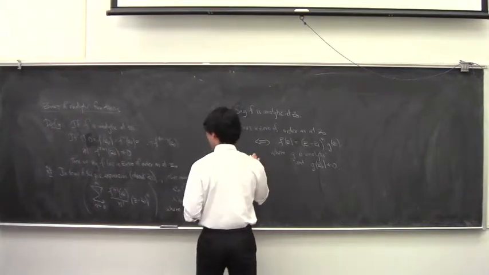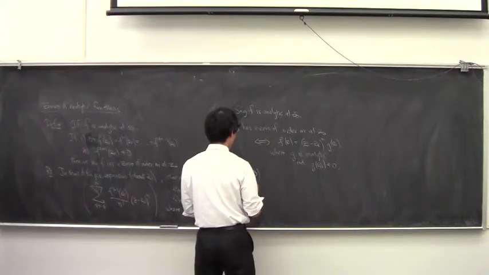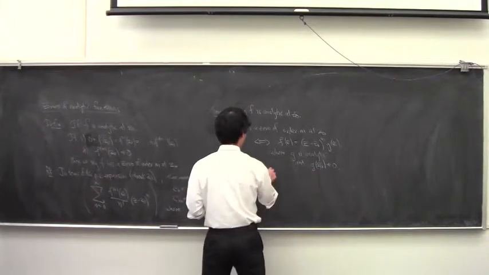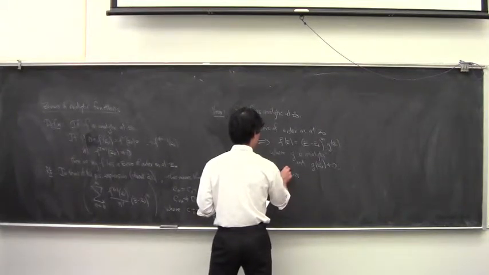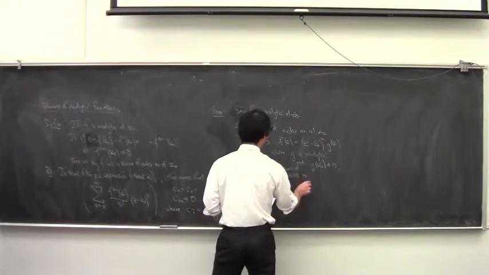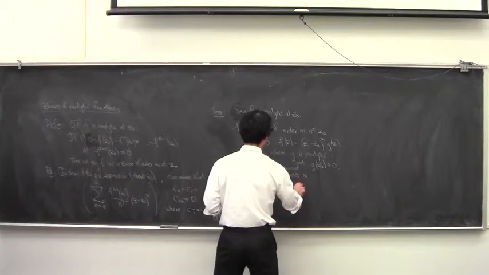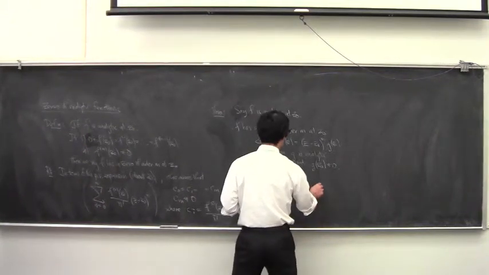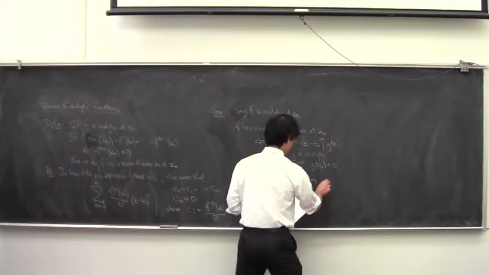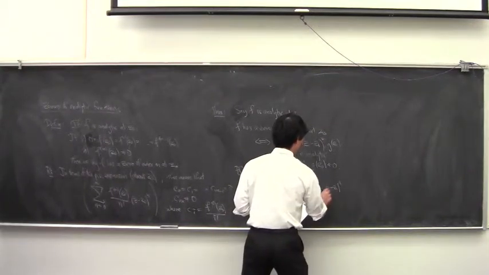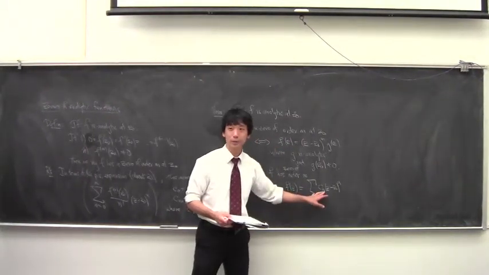If f has a zero of order m, that means that f of z equals the summation of c_n (z minus z naught) to the n, where the first m coefficients are 0.